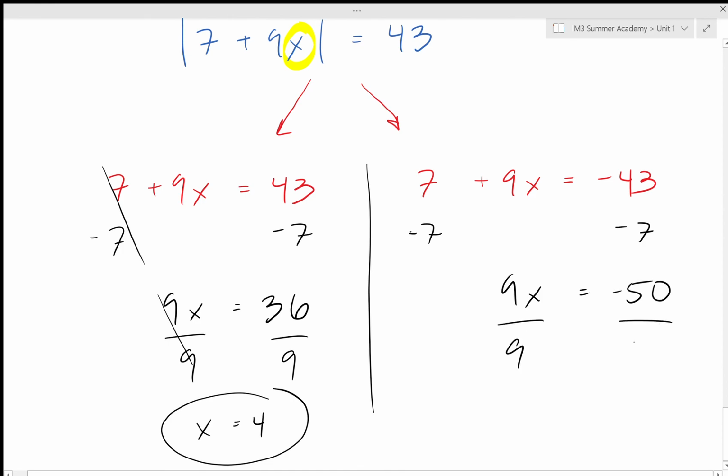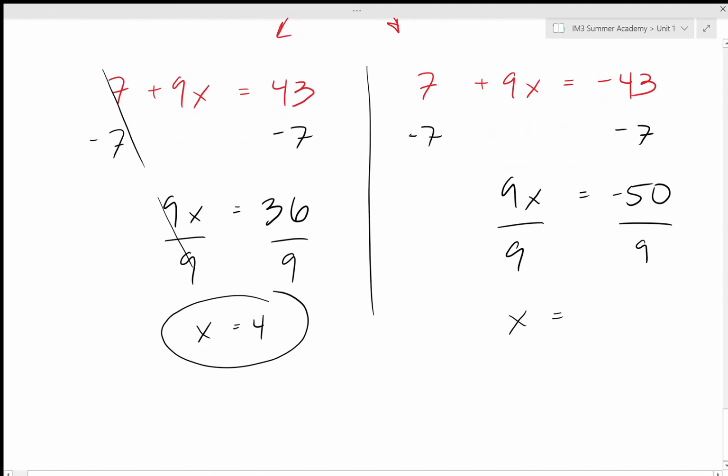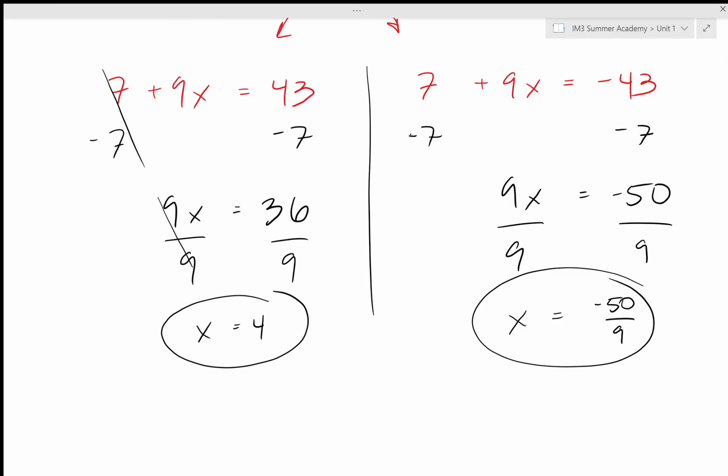Divide by 9 on both sides. Doesn't reduce, doesn't really simplify, so x equals negative 50 over 9. So the thing to remember for this lesson is once you have those absolute value symbols all by themselves, what you want to do is split them. One with a positive answer, one with a negative answer, and then fully solve out the rest of it.